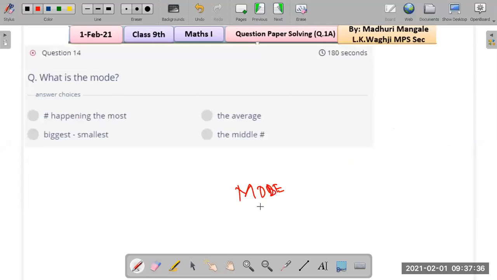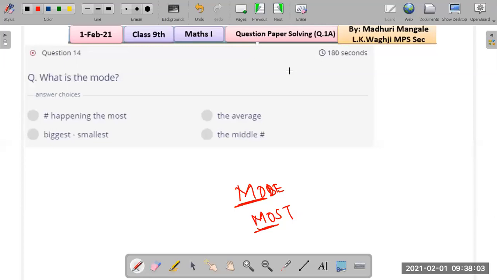The question itself has the answer. The first 2 letters: mode means most. Most, right? So which is the correct choice? Look at the choices carefully. I am not going to tell the answer. Go to the quiz link and you should be able to see this question there.